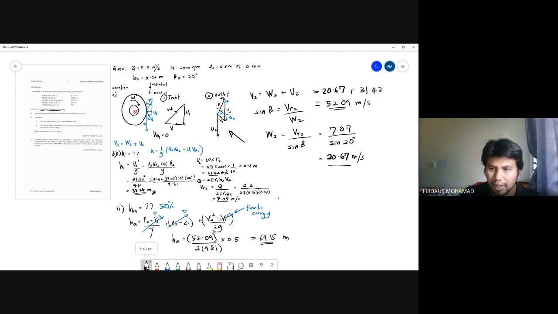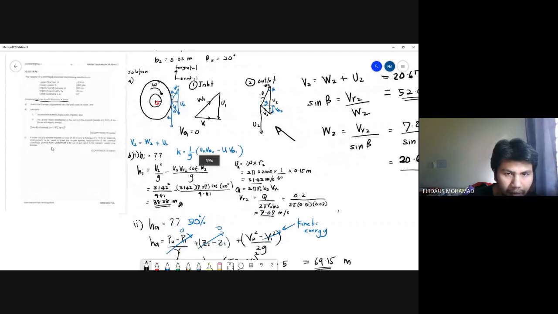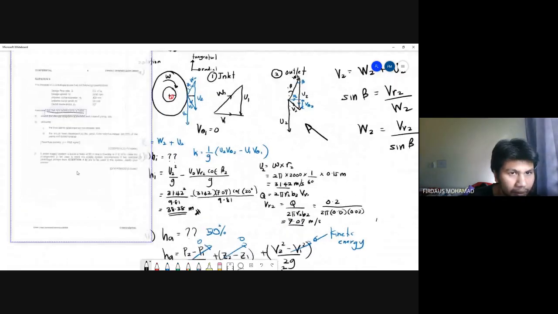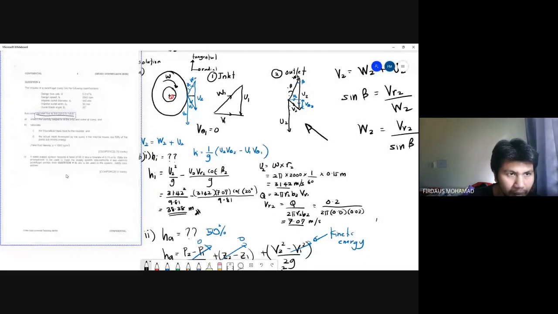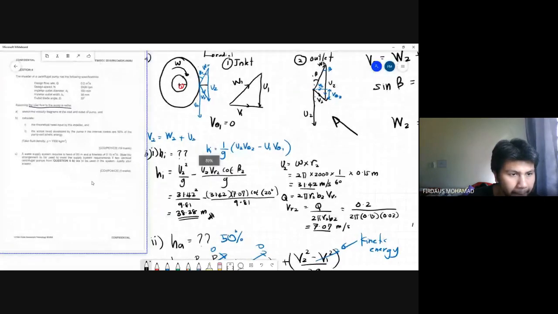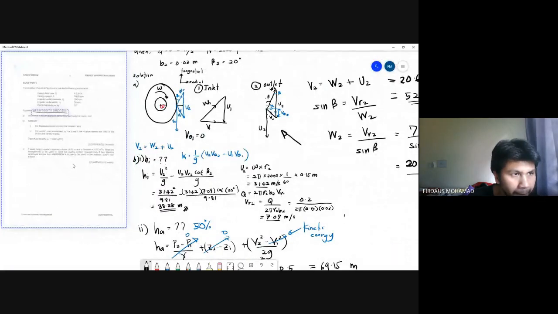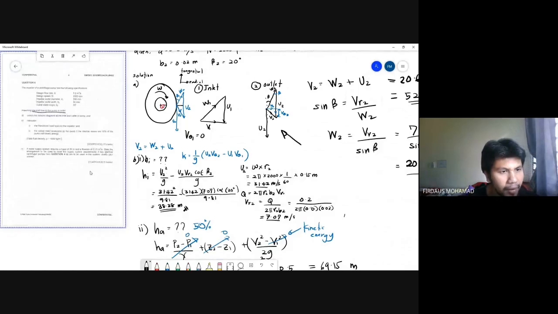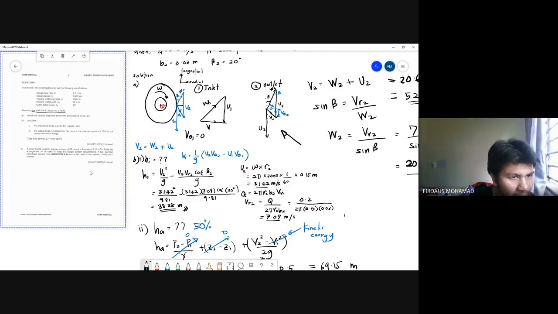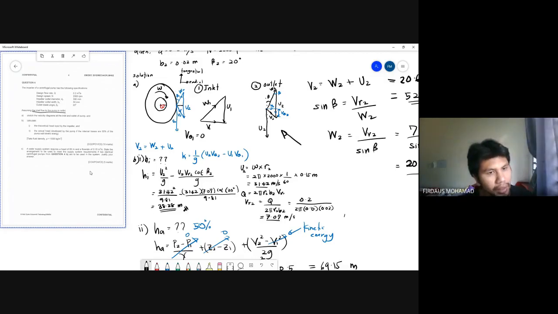Okay, ada soalan? Yang lain? Okay, so tak ada soalan, kita proceed. C itu last. A water supply system requires a head of 60 meter and flow rate of 0.15 meter cube per second.